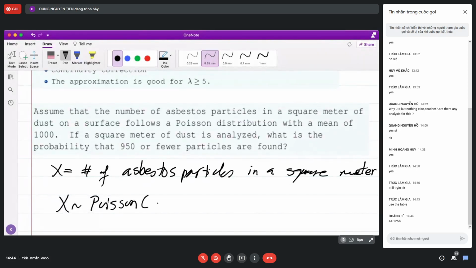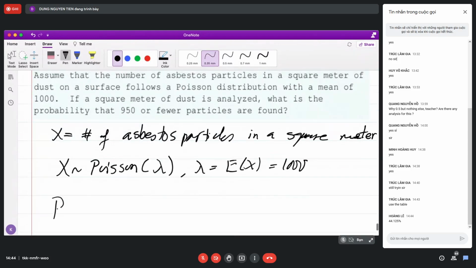Then X follows a Poisson distribution with the parameter lambda. Here, lambda is the mean of X, and let's say you get 1000. And you want to find the probability that X is less than or equal to 950.